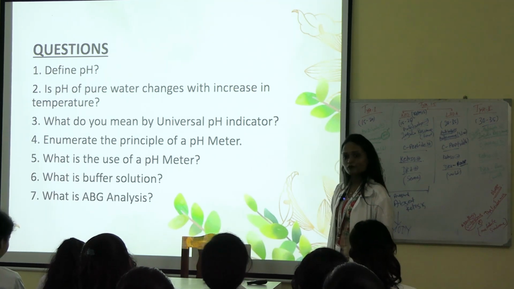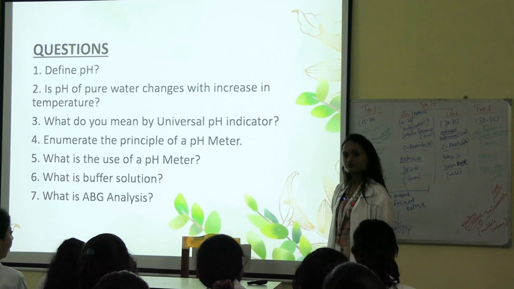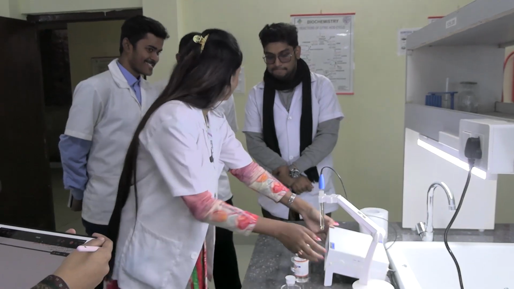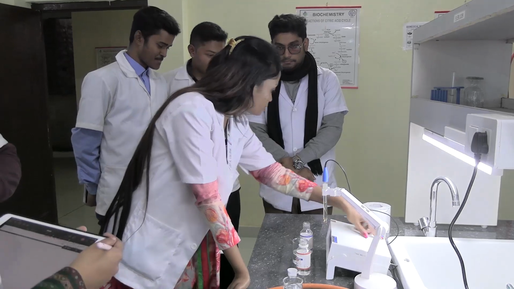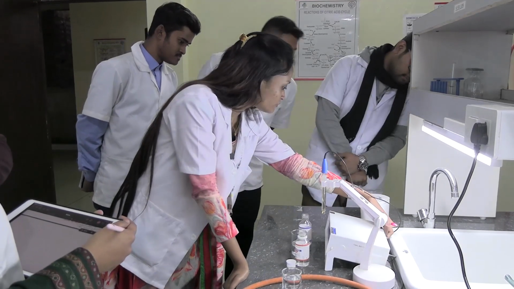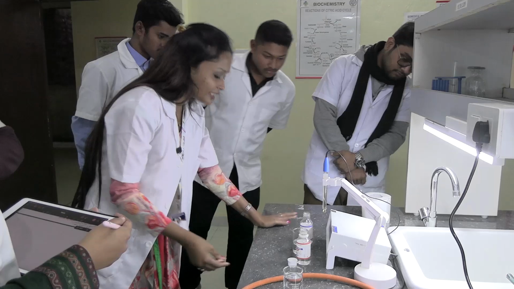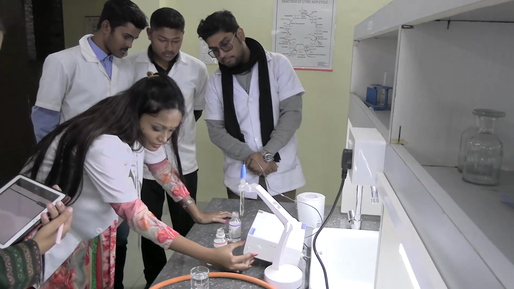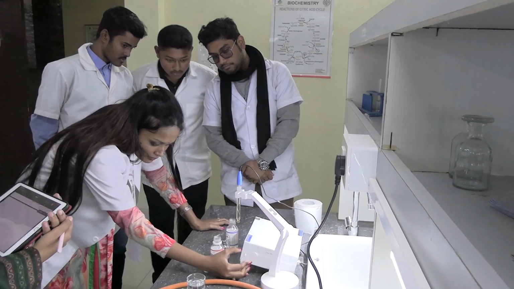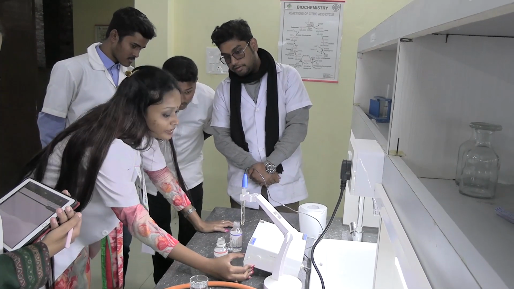Then we will see how to measure the pH of any solution. This is the pH meter. First we have to start the button here, on and off. Then there are 3 modes: pH, standby, and millivolt.